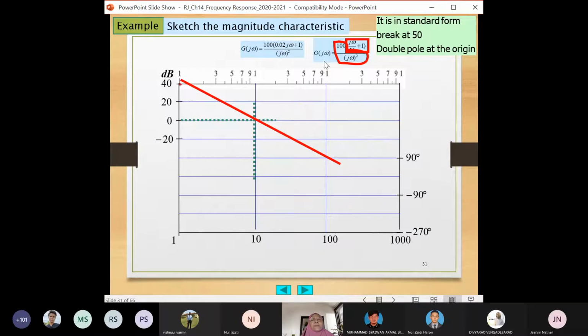You know the magnitude, and the phase angle at 0 here. This line is almost 90 degrees and 180, and here you identify 50. This is 10, so this is 50, and you identify 50 here and 500. This is 500.